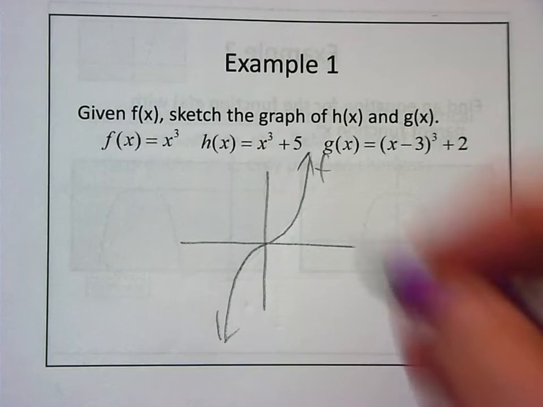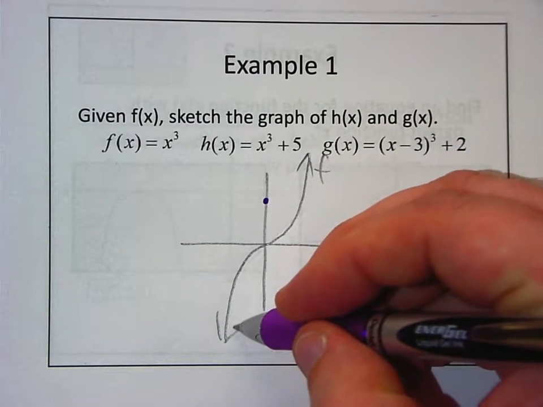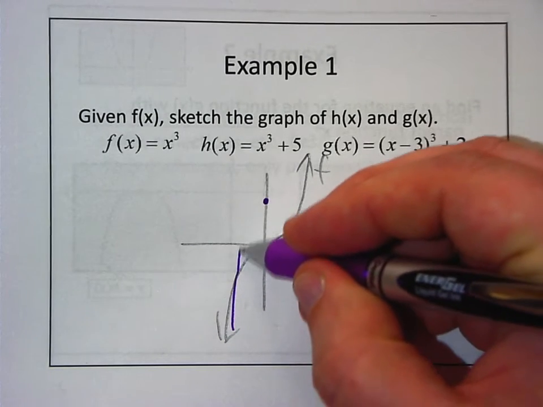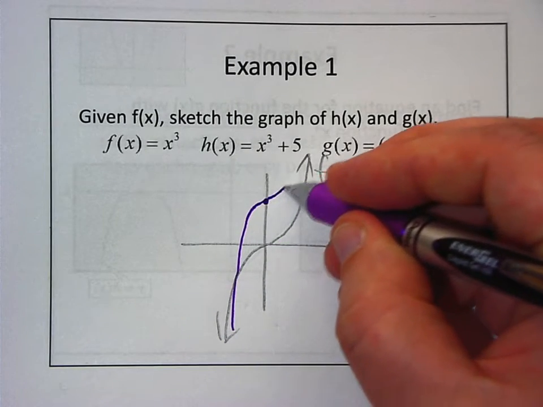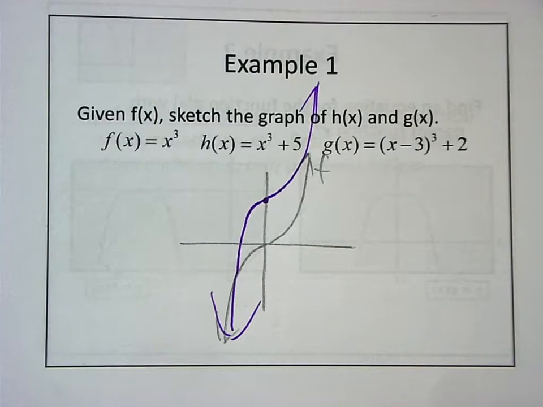It's going to go up 5. So in other words, it's going to hit about here. Roughly like that, close enough. That would be the h graph. What about for g of x? It's going to go up 2 and right 3, because it's inside the parentheses, so it's going to do the opposite.